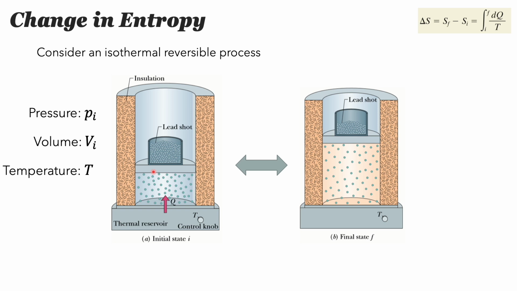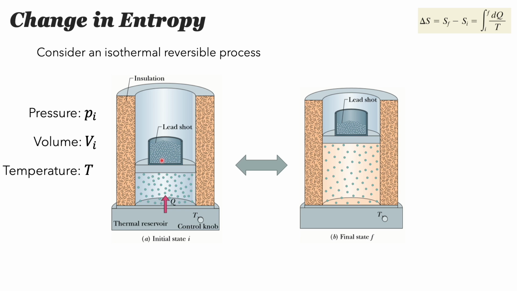So, we change from the initial state to this final state, which is the expanded state of the system, meaning the volume will increase. But isothermal means the temperature should not change, and you know that when the gas expands on its own, its temperature reduces. So we reduce the lead shot to decrease the pressure on the piston.